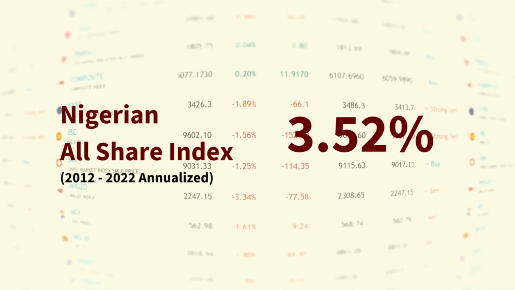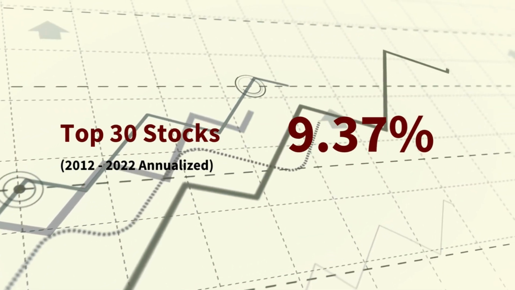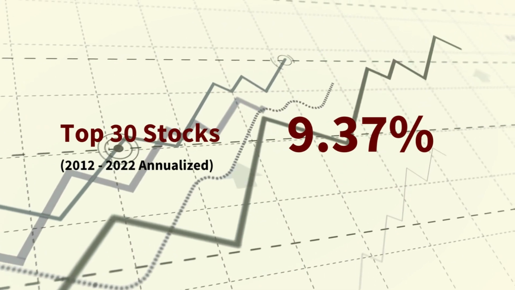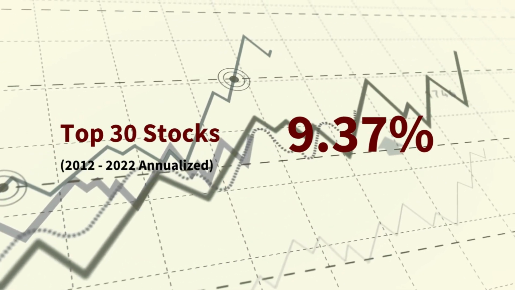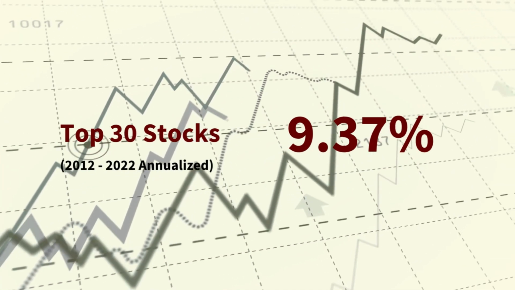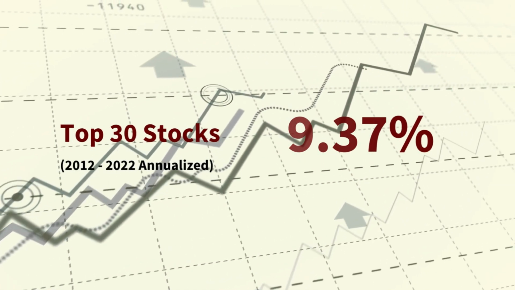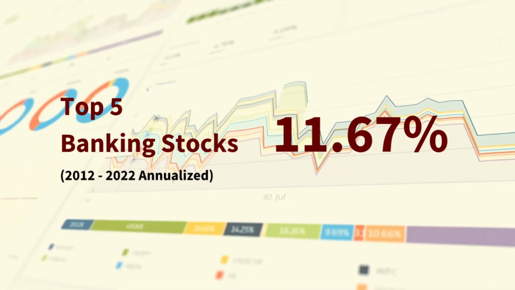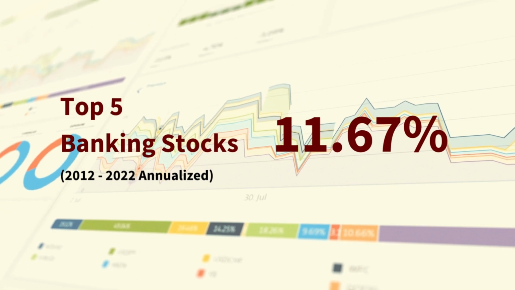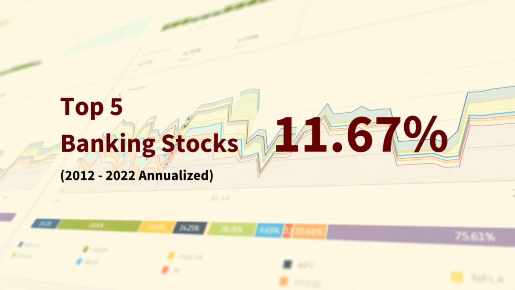And then if I zoom into just the top 30, so let's see the biggest stocks by market capitalization, just the top 30, over the same period, it's performed 9.37%. Then if I zoom into banking alone and I say, let me just look at the top 5 banking stocks, the performance is 11.67%.